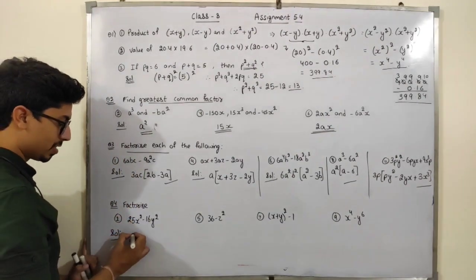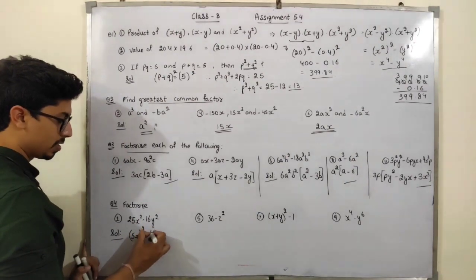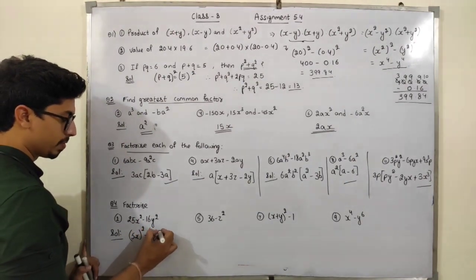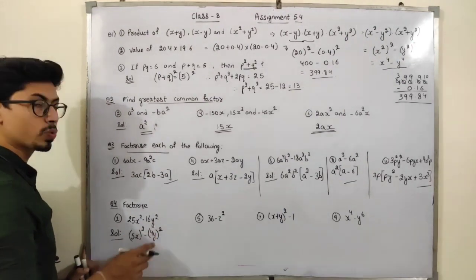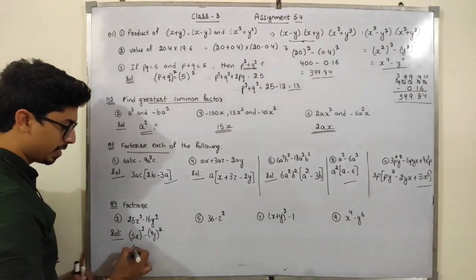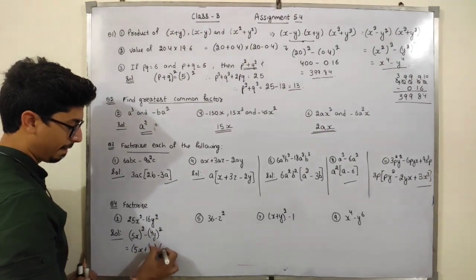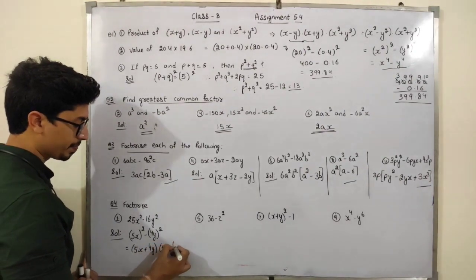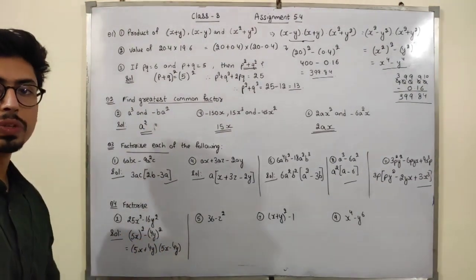I can write it like this: 5x square minus 4y square. So this will be a square minus b square, and a square minus b square is a plus b, a minus b. So a plus b and a minus b. This is our required answer, students.